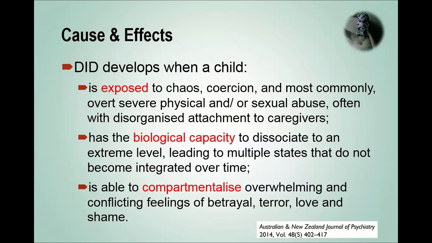Specifically, they develop when a child is exposed to chaos, coercion, and most commonly overt, severe physical and/or sexual abuse, often with disorganized attachment to caregivers. They also need the biological capacity to dissociate to such an extreme level, which then leads to multiple states that do not become integrated over time. There's an ability to compartmentalize the overwhelming and conflicting feelings of betrayal, terror, love, and shame.